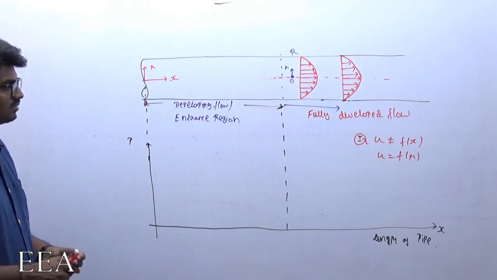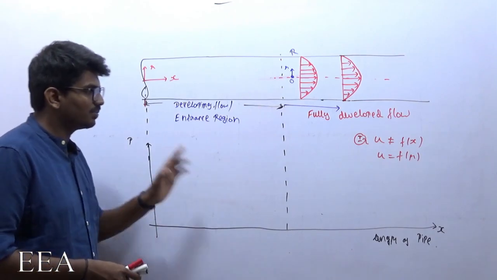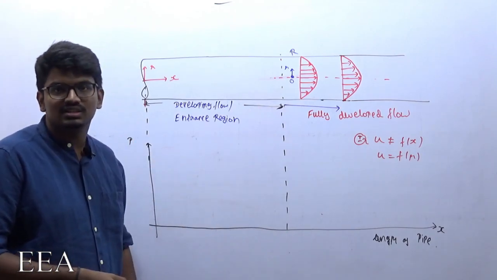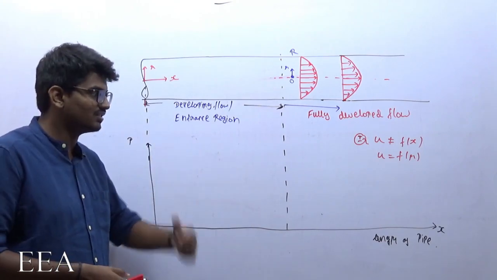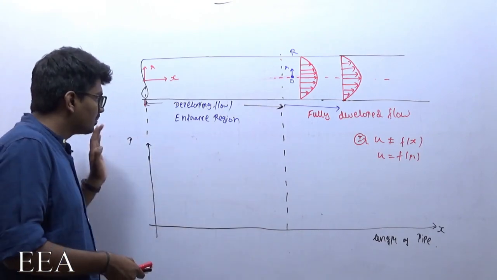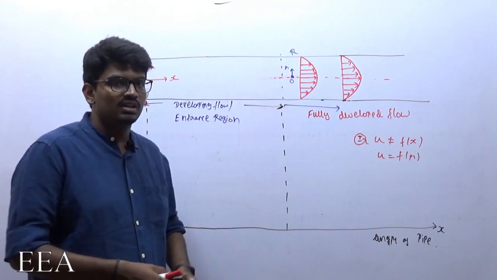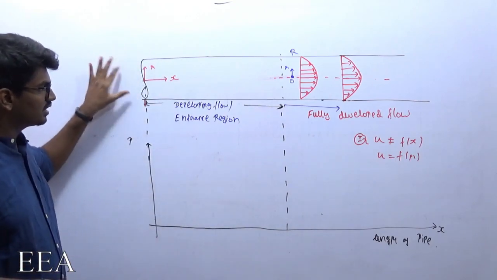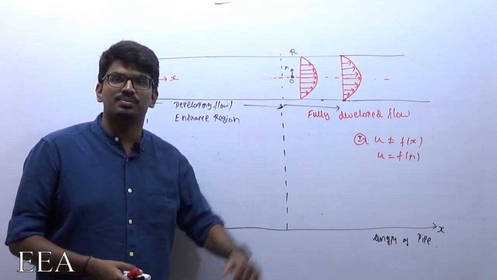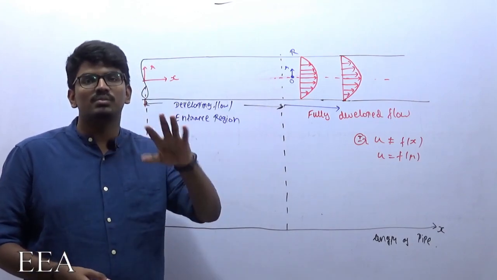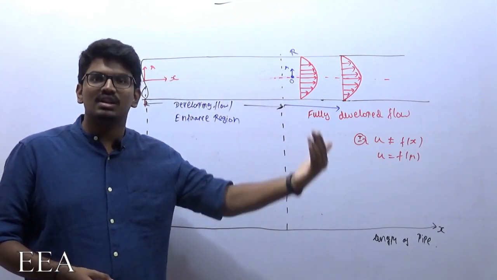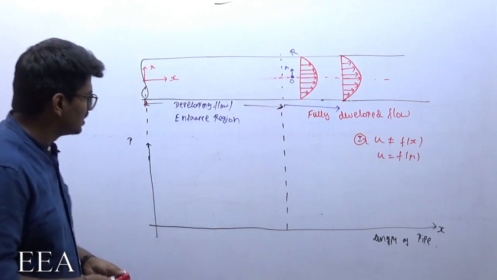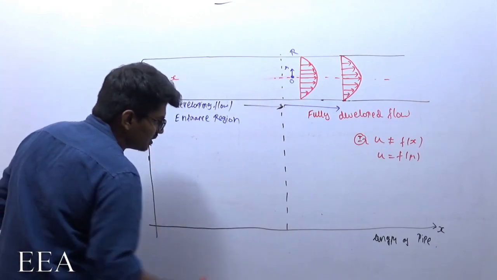One thing about pressure with respect to x: we just saw in the Darcy-Weisbach equation that pressure is going to drop. If it is a uniform cross-section pipe, there is going to be a decrease in pressure. So pressure drop will be there, so the pressure gradient will be negative. The pressure gradient is dp by dx, and that will be negative. That is fine. So there is going to be a drop in the pressure.